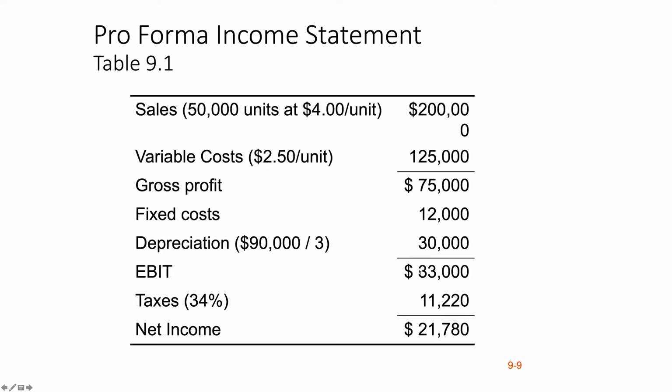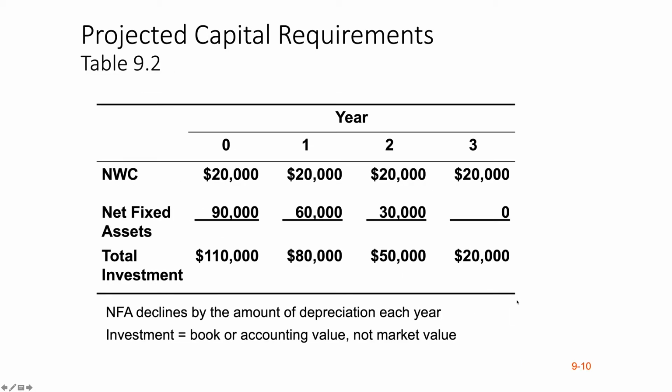The company has no interest. They must have tax. They pay tax at 34%. 33 times 34% equals 11.22. So the bottom line net income in this case, according to our pro forma statement, is $21,780.